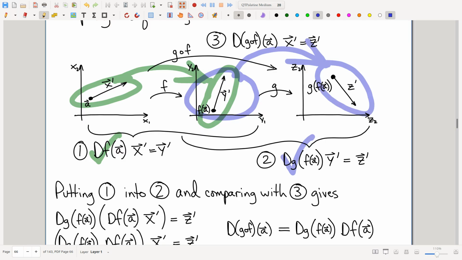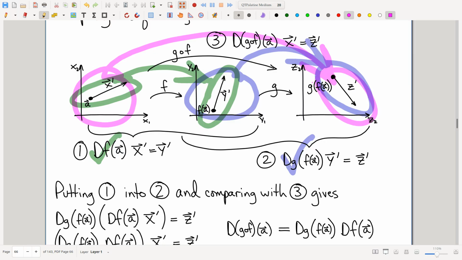I've got some vector. I multiply by one matrix, and then subsequently I multiply by another matrix. Altogether, I've multiplied by the product of those matrices. That is, the factor that turns x prime into z prime is just the product of those individual factors.